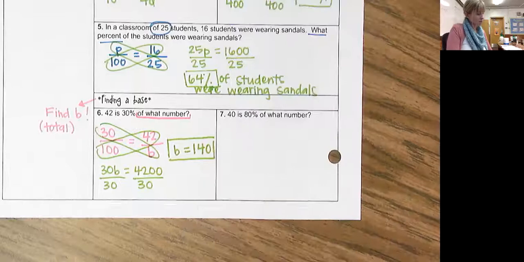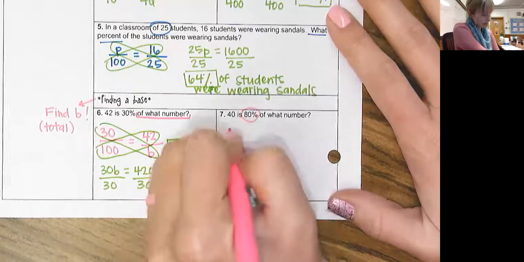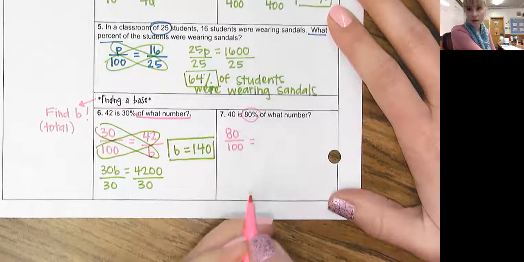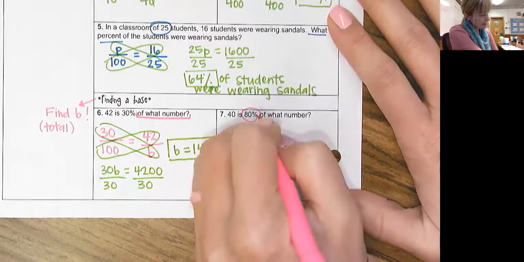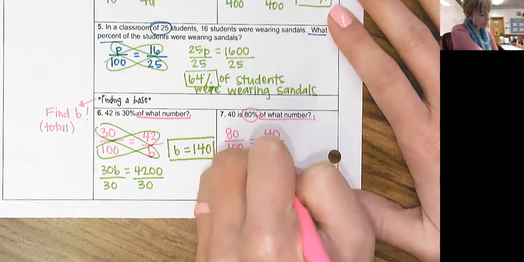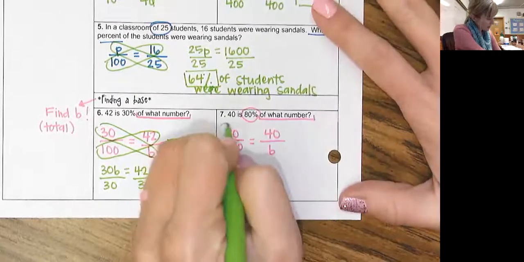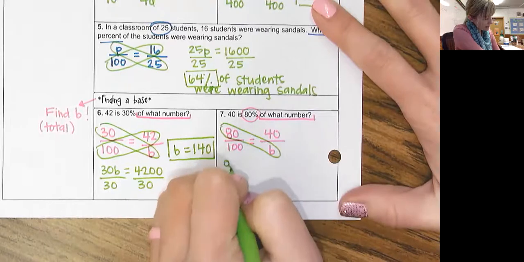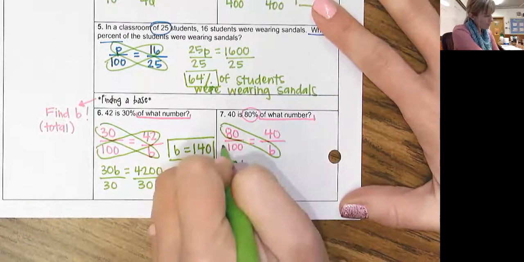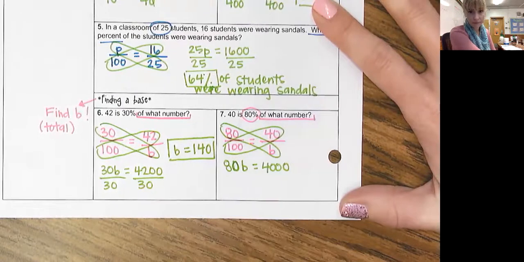Okay, let's try this one more time. Last one. Look, there's a percent. That's immediately going to go over 100. Anytime you see a percent, put it over 100, P over 100. This says "of what number?" That means I know the part and I am missing the total. All right, here you go, cross multiply. 80 times B is 80B. 40 times 100 is 4,000.